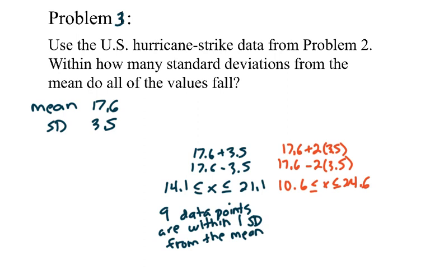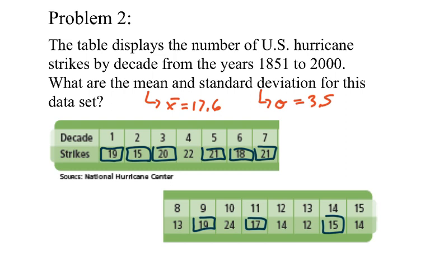So let's go count the data points between 10.6 and 24.6. And it looks like all of our data points are between those two numbers.